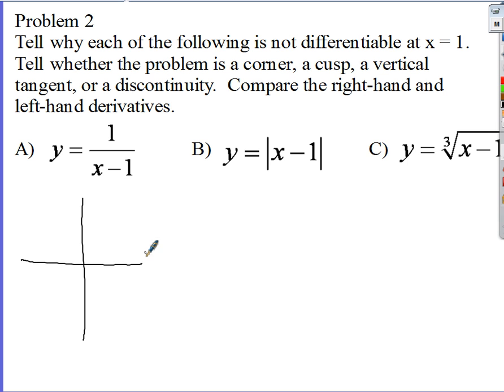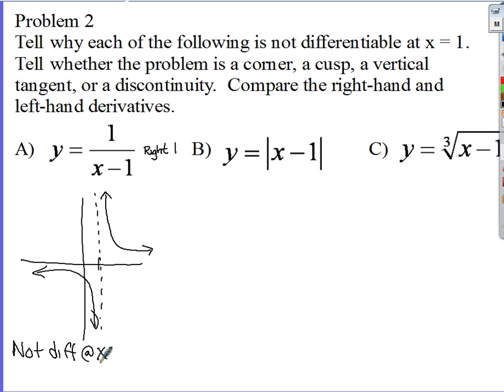This tells me I'm going to move right 1, so I have a vertical asymptote here, and we get this graph. Why is this not differentiable at x equals 1? It's not differentiable at x equals 1 since there is an infinite discontinuity.